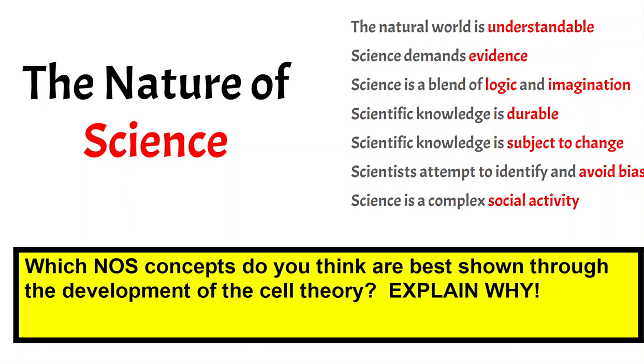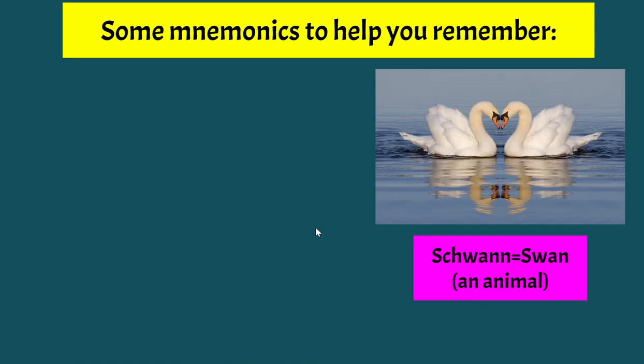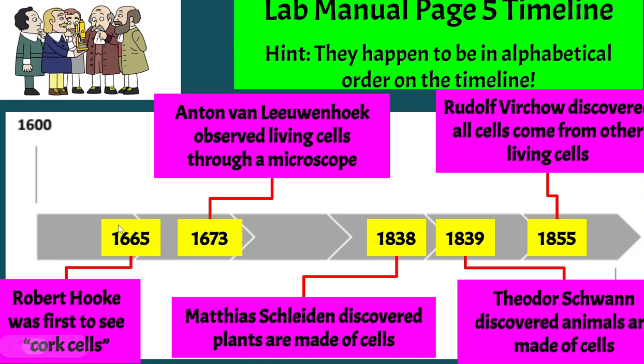We also know that science is a complex social activity. I'm going to go back just so I can show you the timeline again. It's a social activity, and you can see that they work sort of together, right? So Hooke and Leeuwenhoek, they can share information. They are nearly in the same time frame. Definitely, Schleiden and Schwann are working together with microscopes at nearly the exact same time.